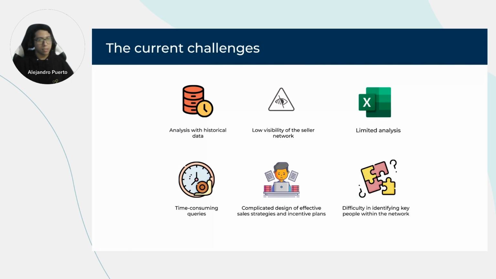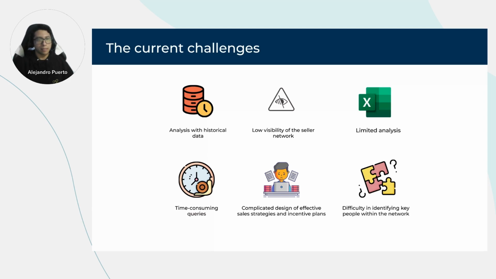The challenges. Prospera Link had three major challenges. First, network visibility. With thousands of salespeople and a multi-level structure, it was very difficult to visualize how they were connected and who the influential leaders were. Also, identifying leaders, detecting the most effective salespeople and those with leadership potential was not an easy task with traditional tools.